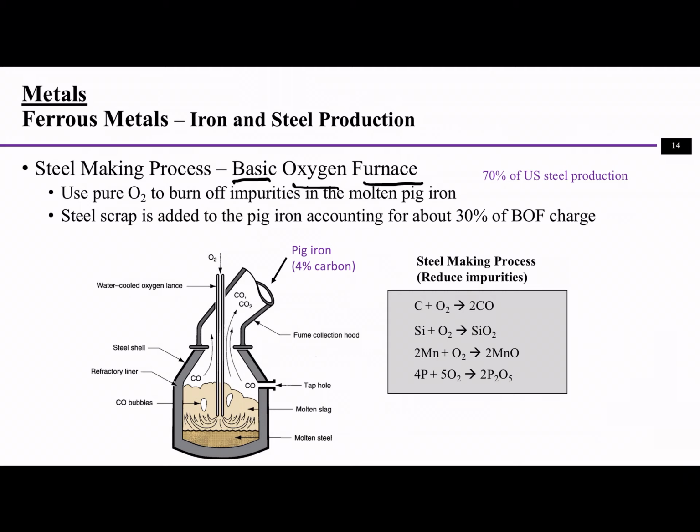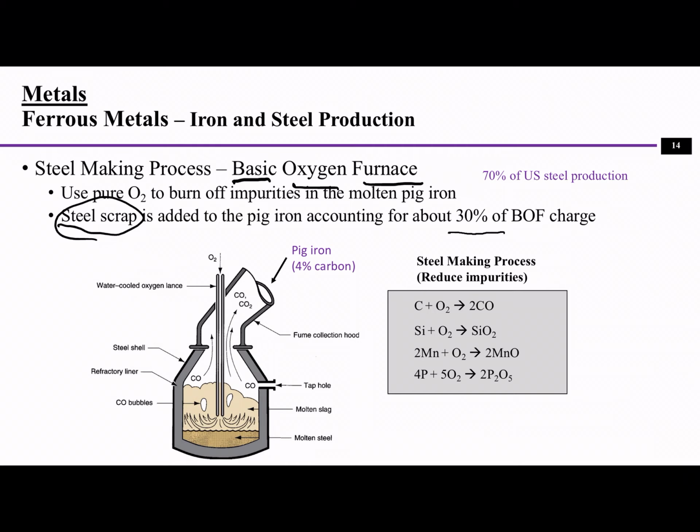You put pig iron into this furnace. Usually, the raw materials will be pig iron, as well as about 30% steel scrap. So some recycled steel can be added in there for production. And you also need to make sure some oxygen gets into this furnace so that it can have some reactions.